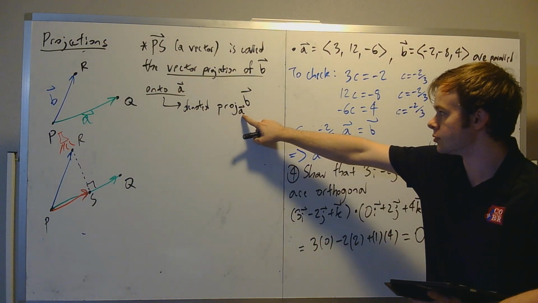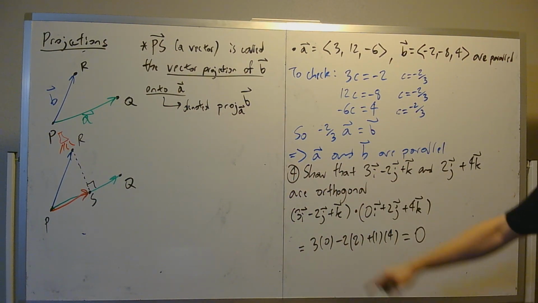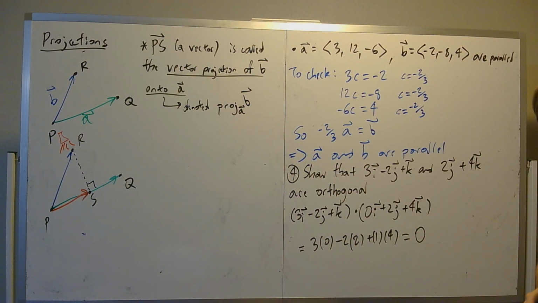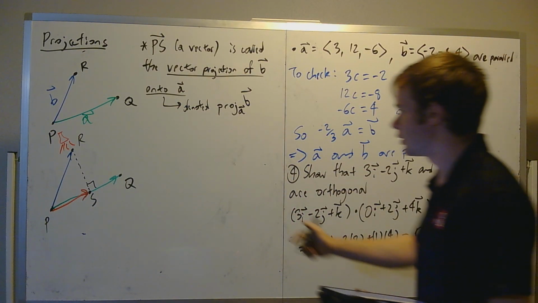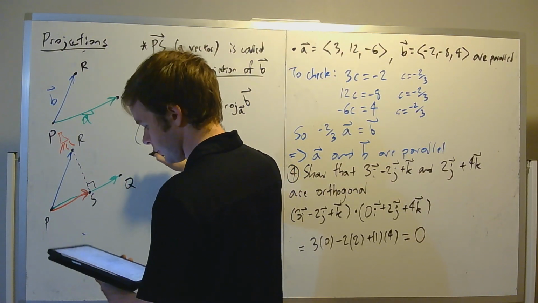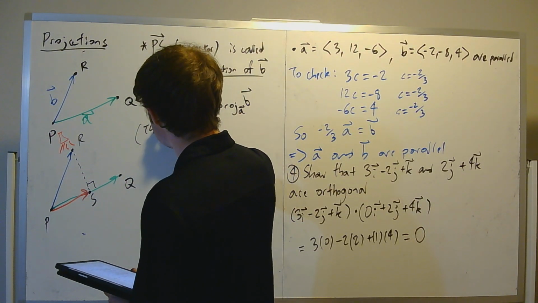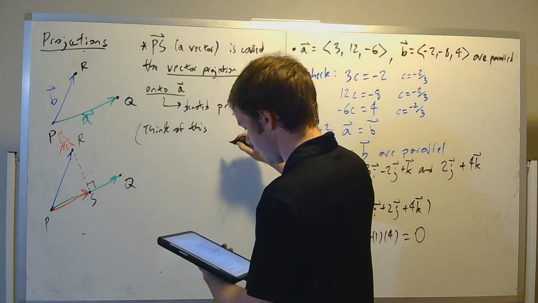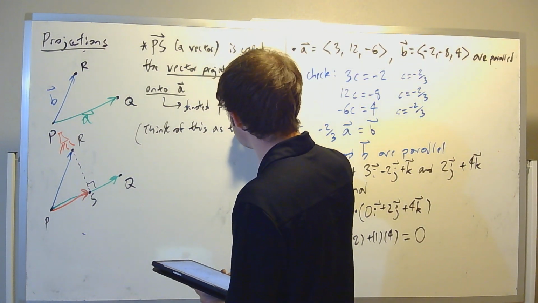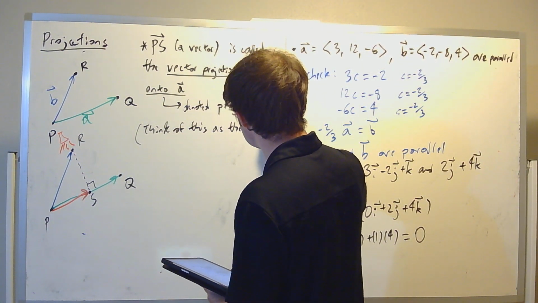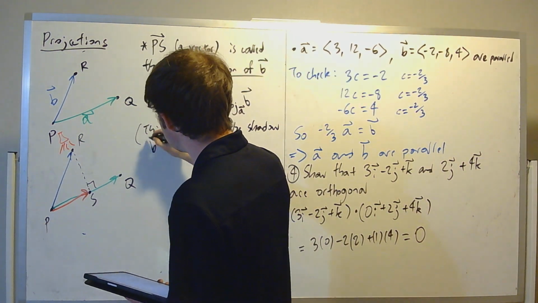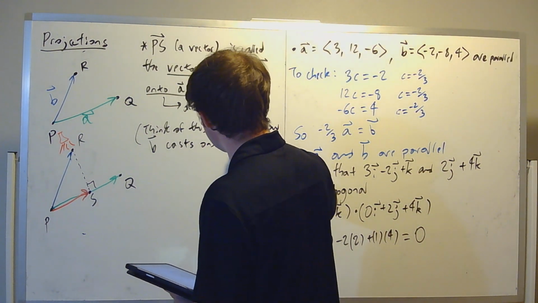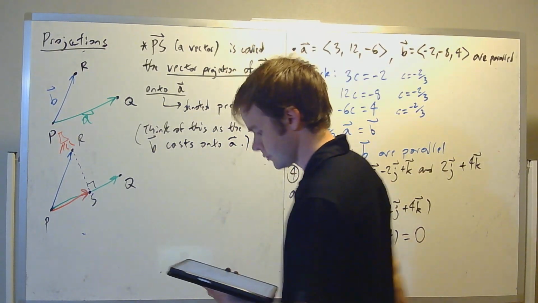We've got a subscript A, and we're taking the projection of B onto A. Okay. And as I said in words here, we can think of this as the shadow that B casts onto A.